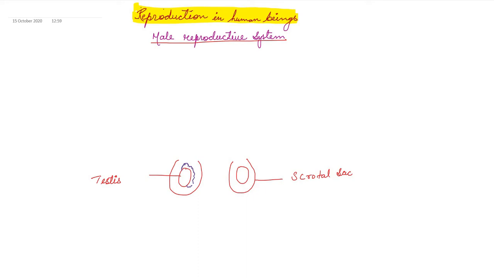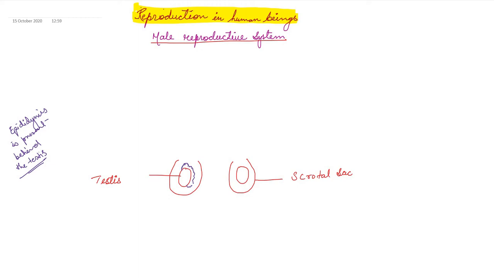I'm writing it here: epididymis is present behind the testis. But I'm not drawing it behind the testis; I am drawing it this way to make you understand the things in a crystal clear manner.